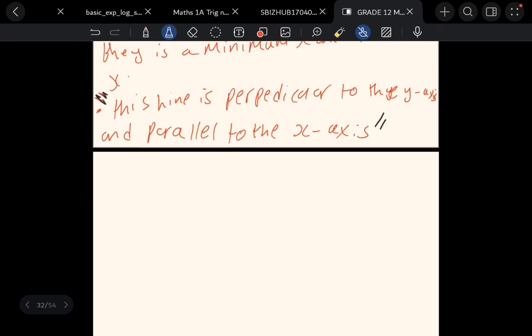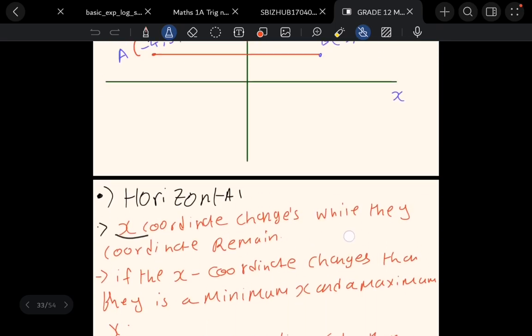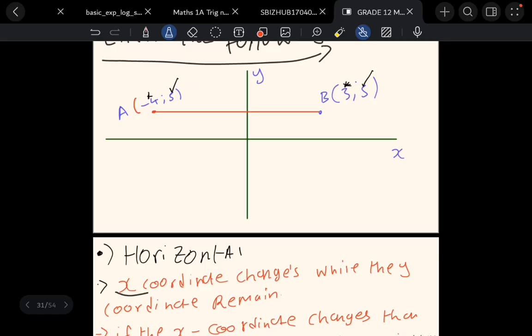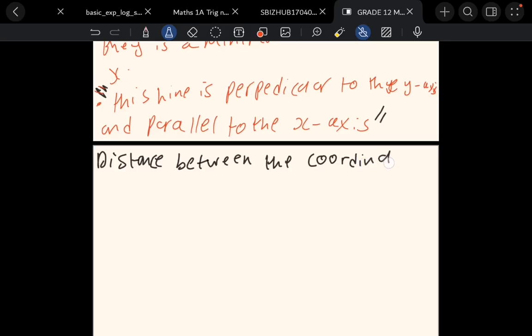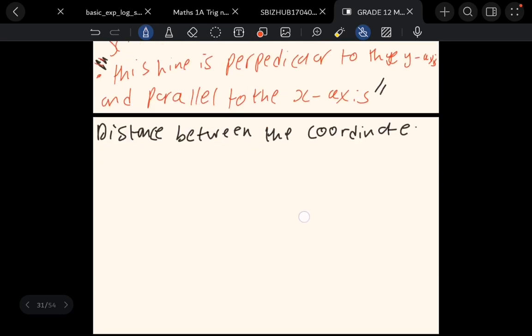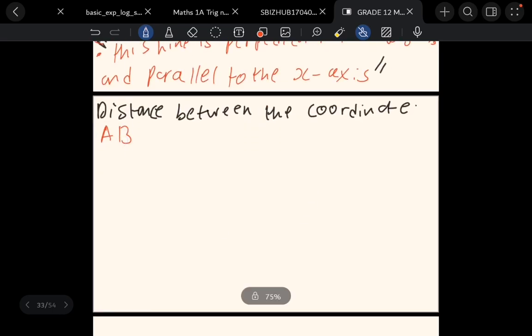Right? How do we calculate the distance? The distance between the coordinates is very simple. If you have AB there, AB is going to be x maximum minus x minimum.